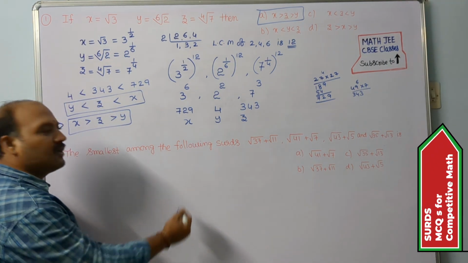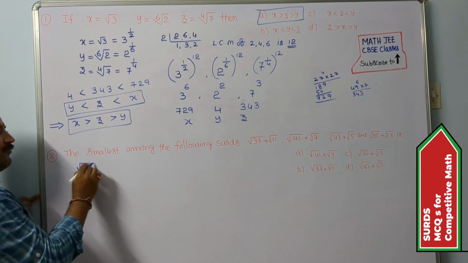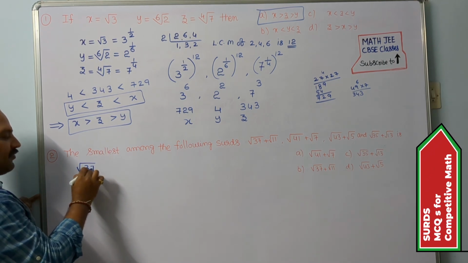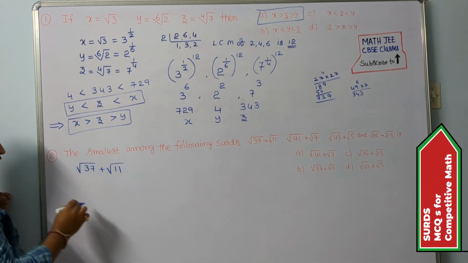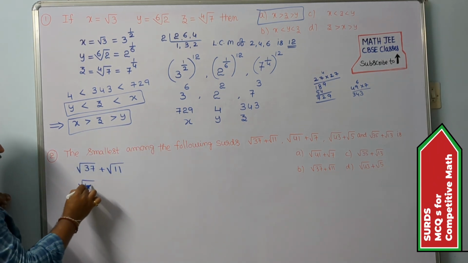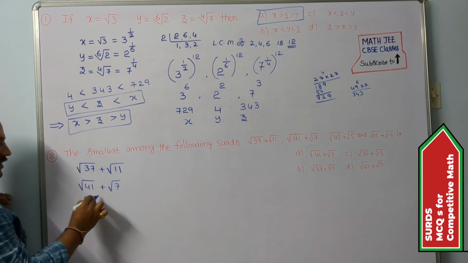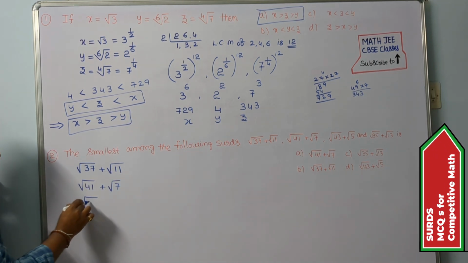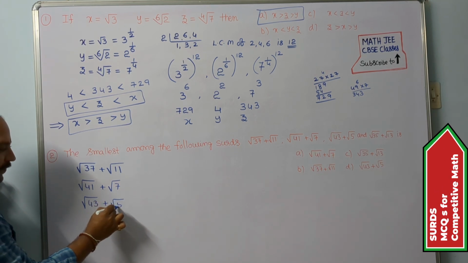Now come to question number 2. In question number 2, the first surd is root 37 plus root 11. The second surd is root 41 plus root 7. The third is a binomial surd, root 43 plus root 5.